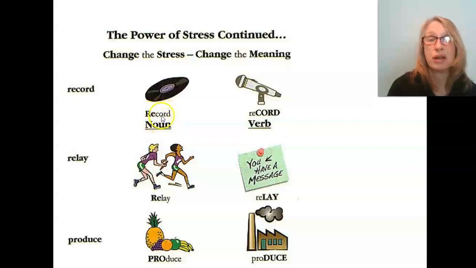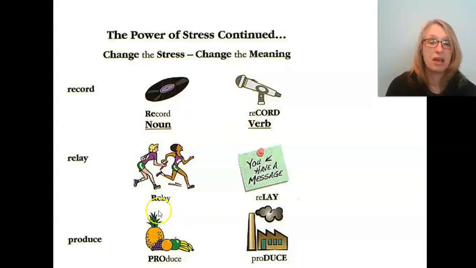Record, record, and or, like orange. Record. So the vowel sounds in both of these words change a lot depending on where this stressed syllable is. So let's say these ones twice, and then we'll move on to the next one. We have record, record, record, record.